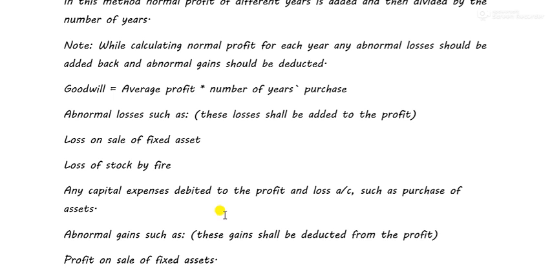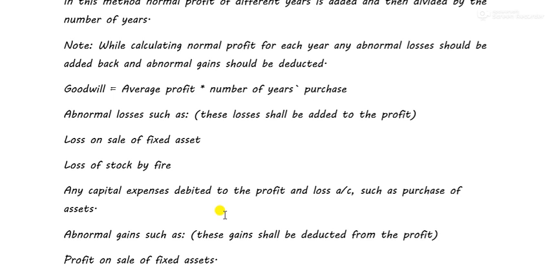In the fourth year the asset broke down, and because of that I had to sell it at a very low price. So I suffered a loss, and all losses are debited to the P&L account. If it is debited to the P&L account, the profit is decreased.